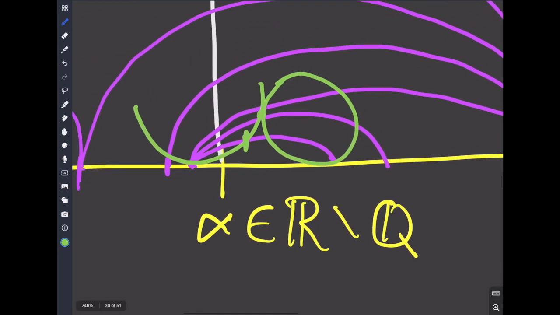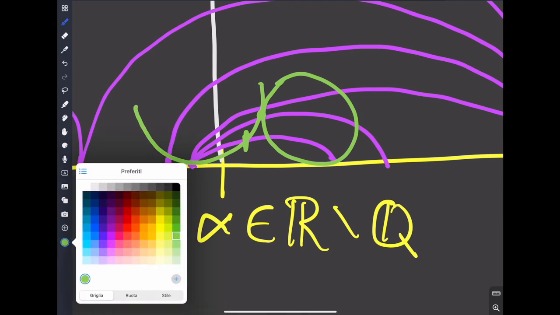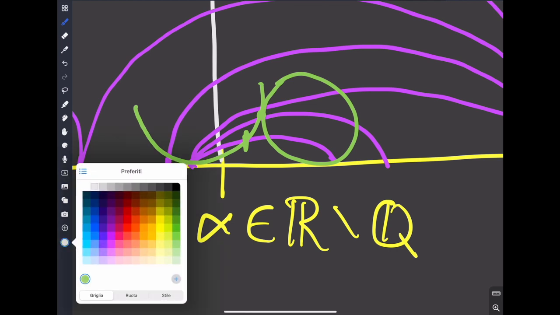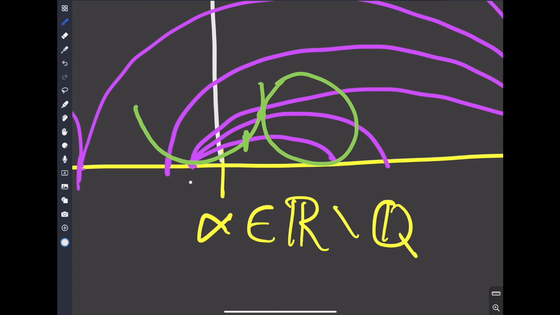Now let's say that this one is p divided by q, and this is the next one.